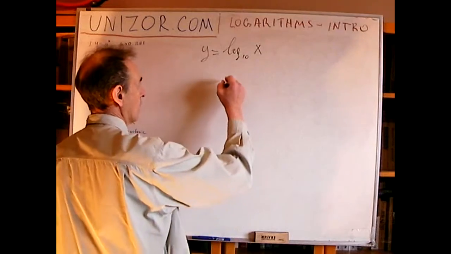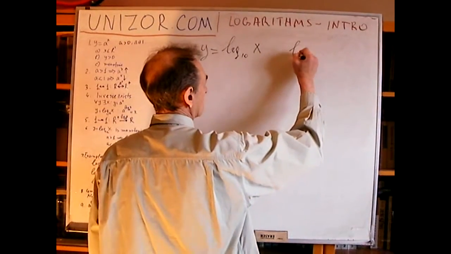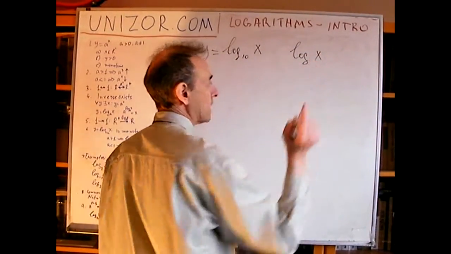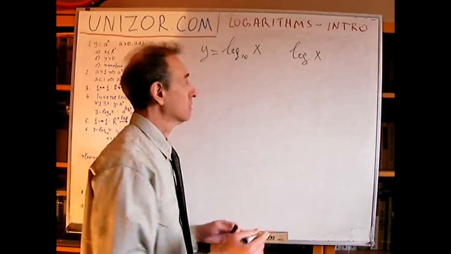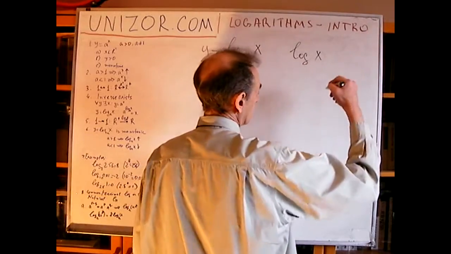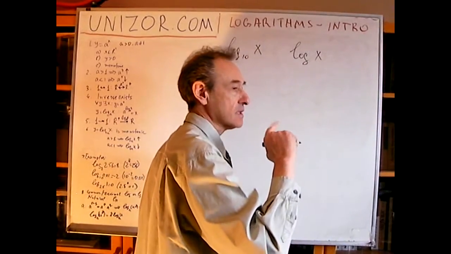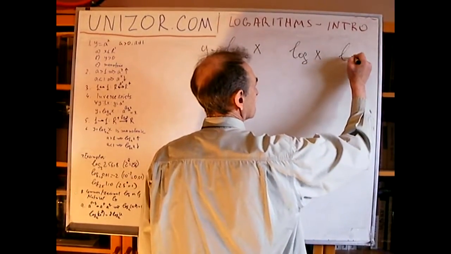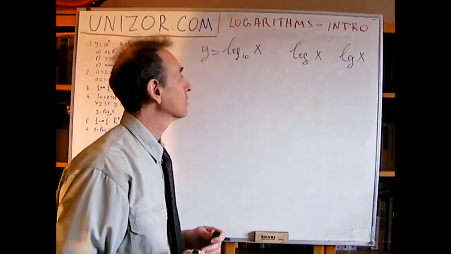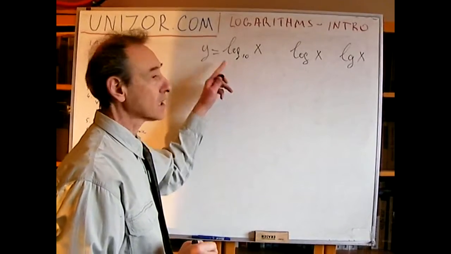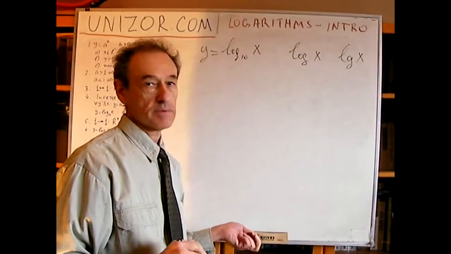It's either no base at all, and 10 is assumed, or sometimes, I think in non-English literature, they use just lg. It's called the common or decimal logarithm.